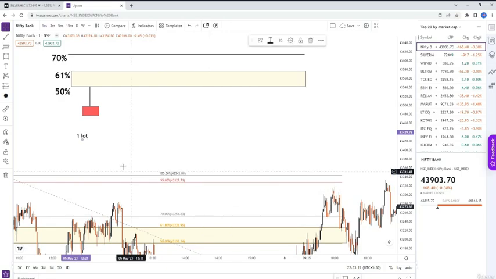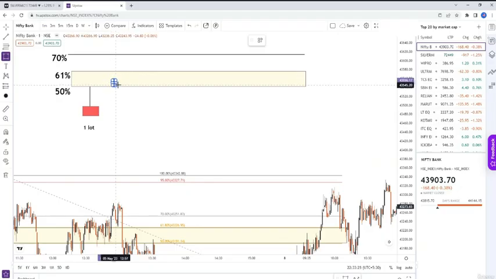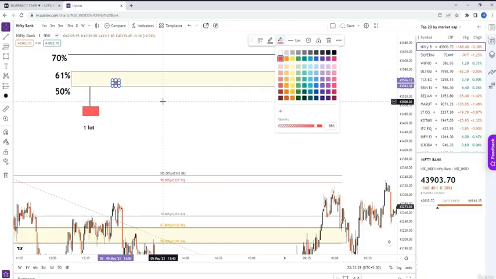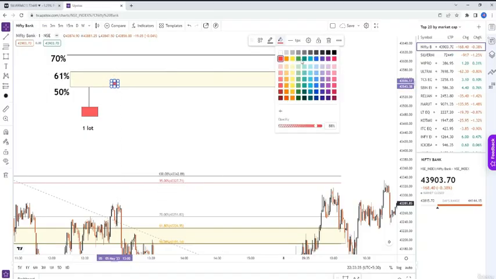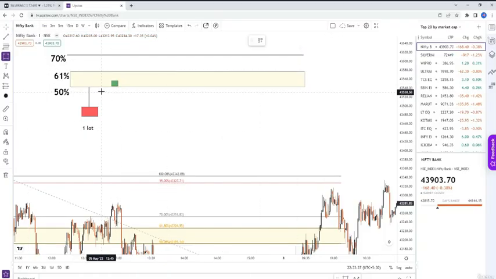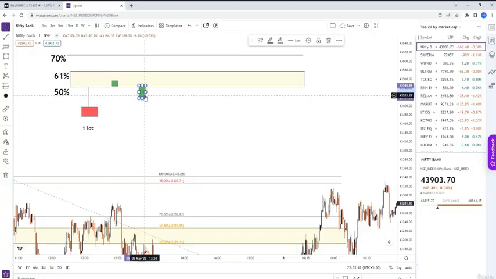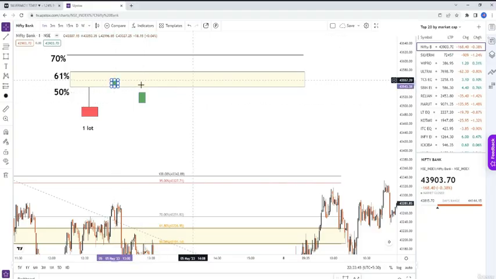One lot here, or sometimes you will see the market making some bullish candles to reach here, like this.